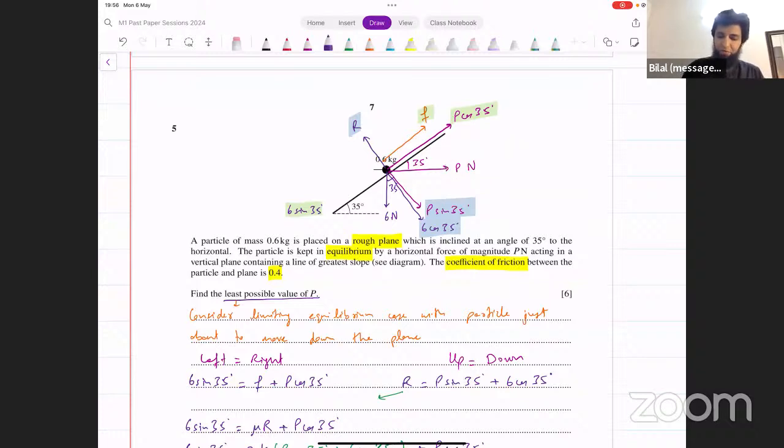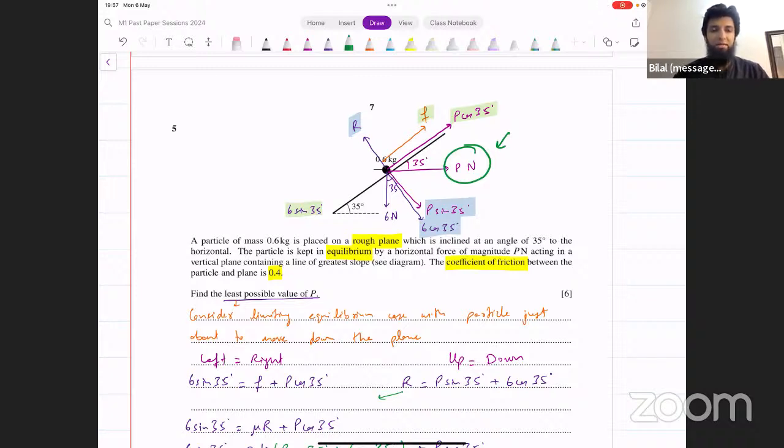If this force P was no longer there, what would happen? Because of the weight of the particle, it would start sliding downwards, right? Because of this weight component that's acting in this direction, it would start sliding downwards. What's the minimum possible value of P that would keep it in this position in equilibrium?